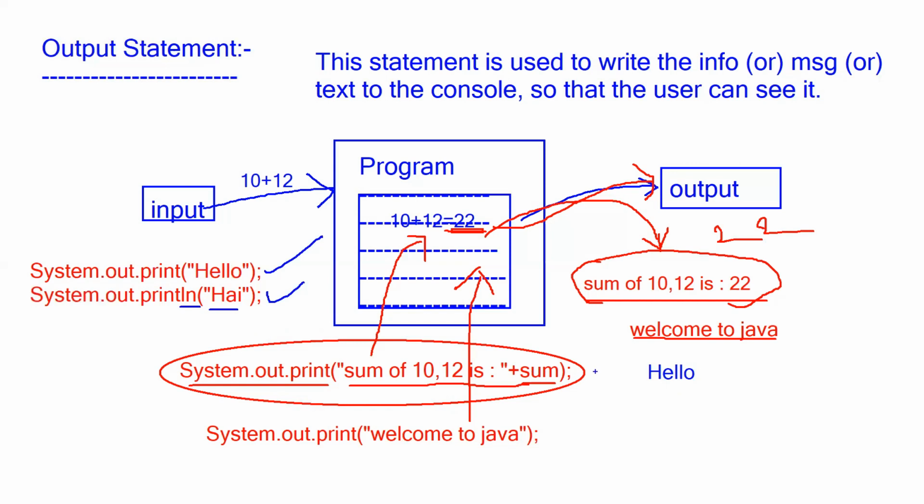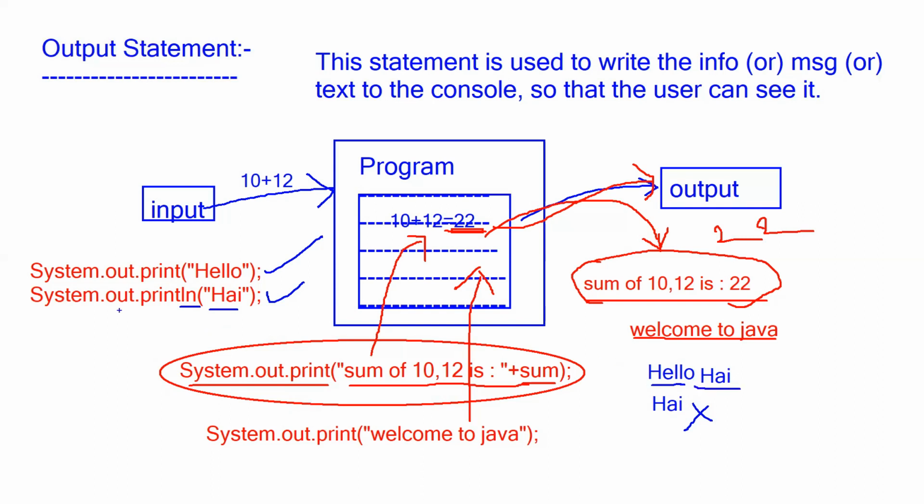Where will it be printed? We think it will be printed in the next line, right? No, that is not going to happen. It is going to print just beside it. Why? Because when it printed hello, it did not terminate the line. That's why what you print next comes right here.